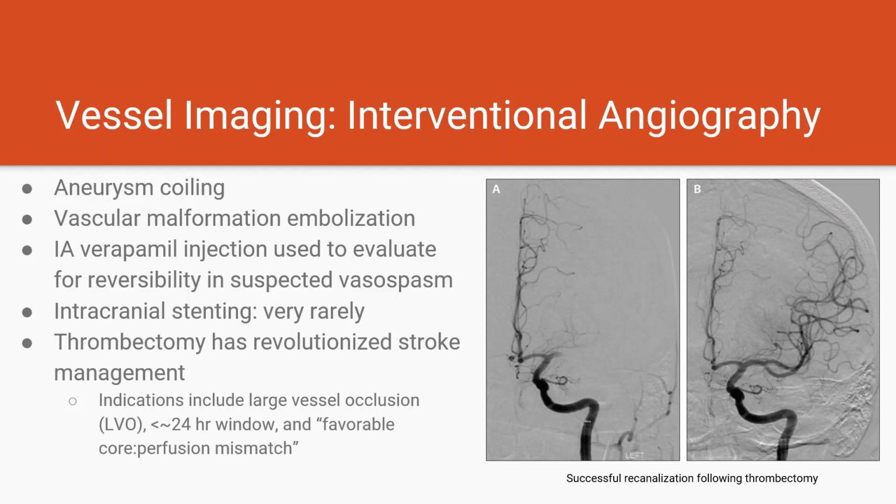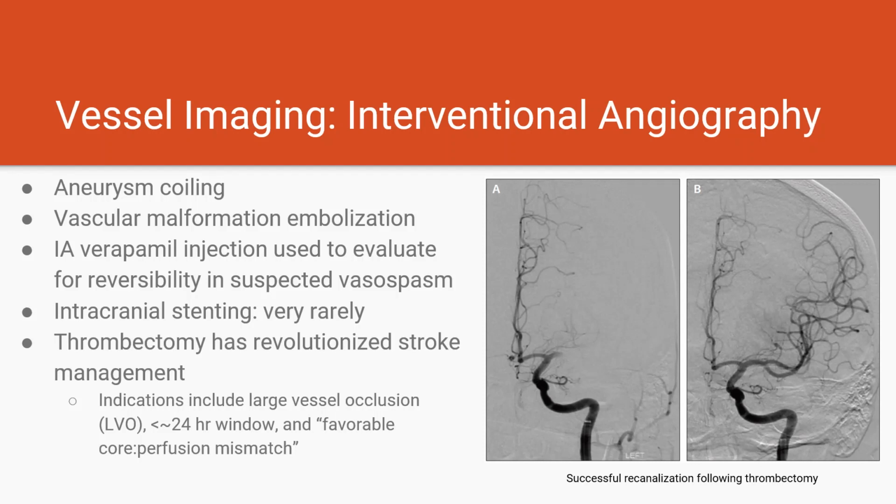So currently thrombectomies are being limited to strokes where there's a large vessel occlusion, or LVO, typically of the MCA or ICA. It's one that is less than 24 hours old, and then it's something that has a favorable core perfusion mismatch as determined by CTP.